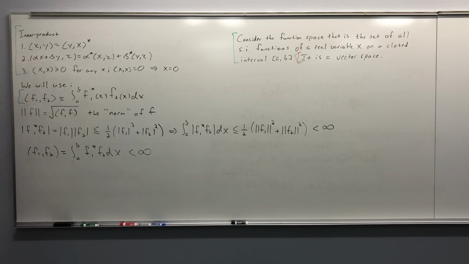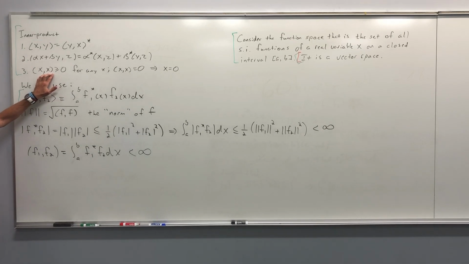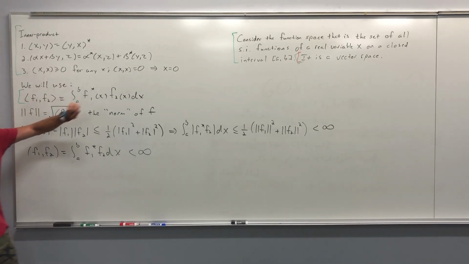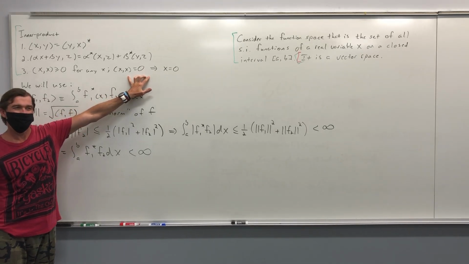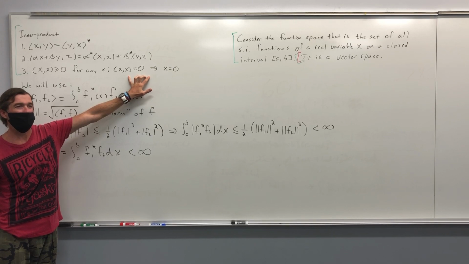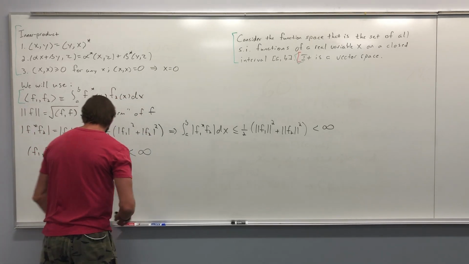Three. Which part of 3? Well, there's 2 parts. That one? No, that one. Yeah, that one. It turns out that the satisfaction of this is a little, we have to dig a little bit. So let's dig a little bit.